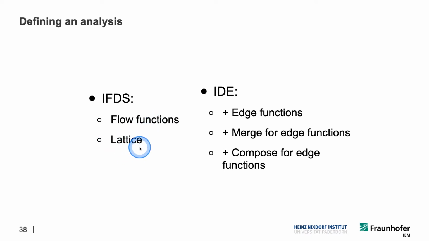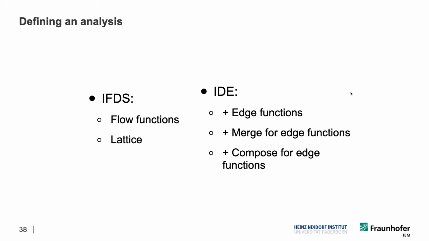So the lattice is essentially your abstract domain that is used to label the nodes with. And the flow functions tell the IFDS framework how to create edges for the exploded supergraph nodes. Then for IDE, you have to define more.